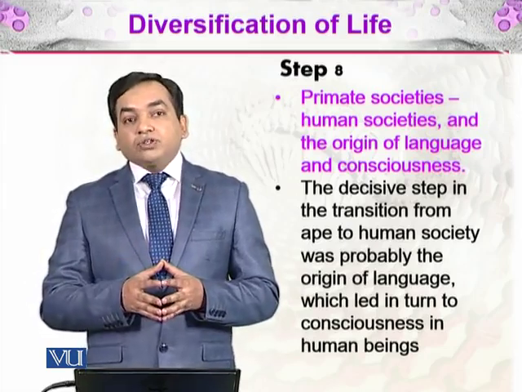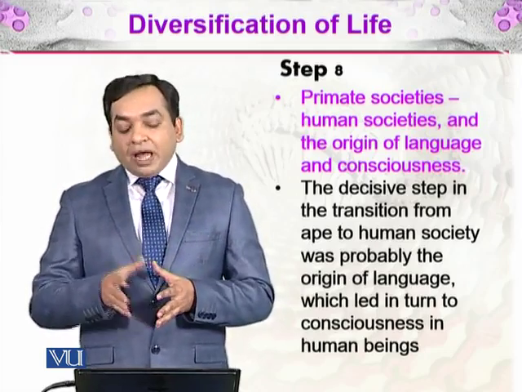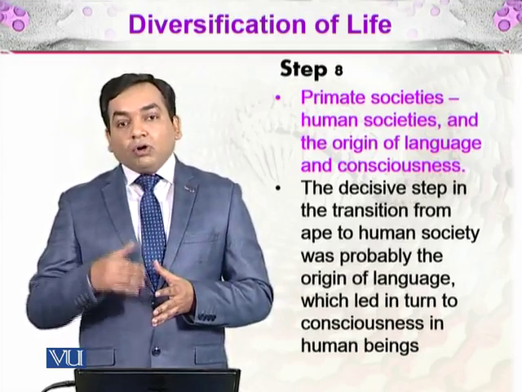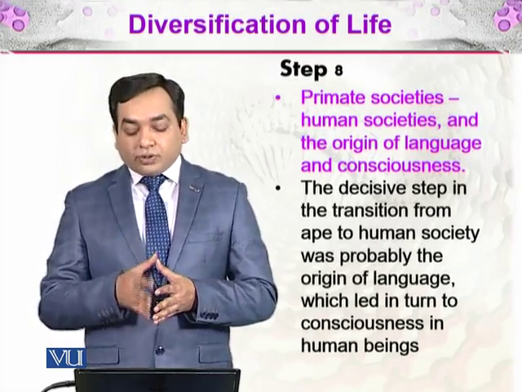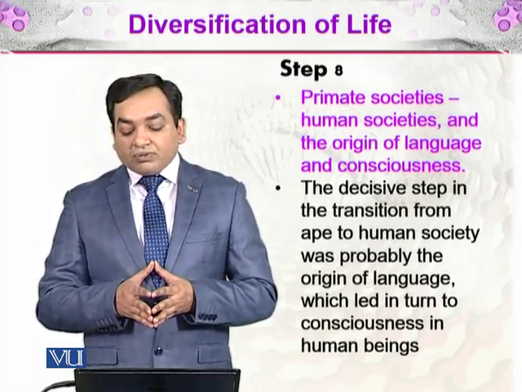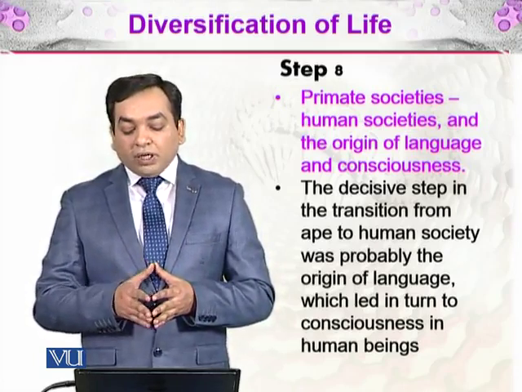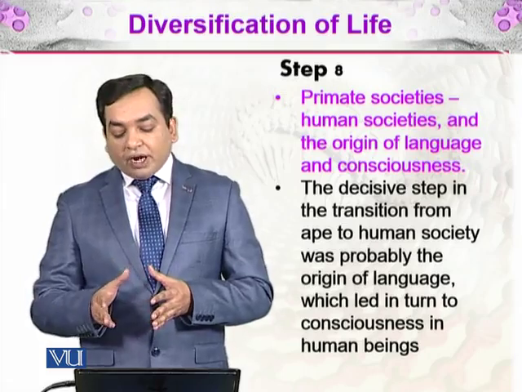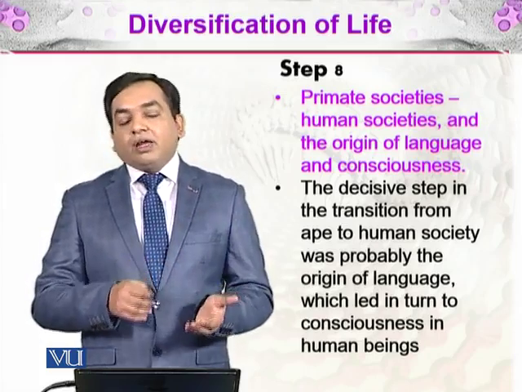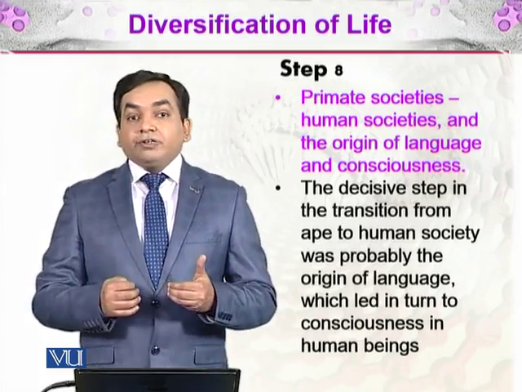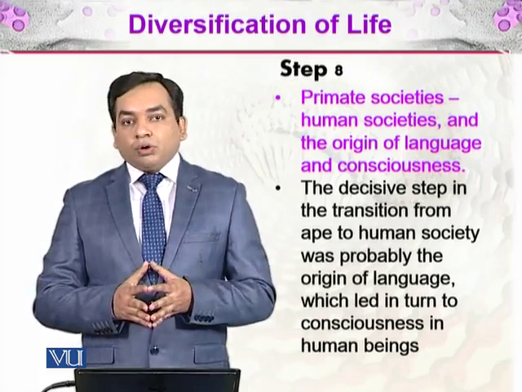These are things which we have some innate ability to do, and these are called much more advanced adaptations in the history of life. This is a decisive step in the transition from ape to human society, and was probably the origin of language, which led in turn to consciousness and human beings. We started speaking, and afterward we started speaking with thinking, and that is called consciousness.